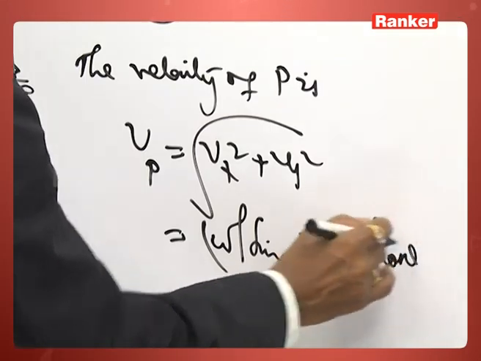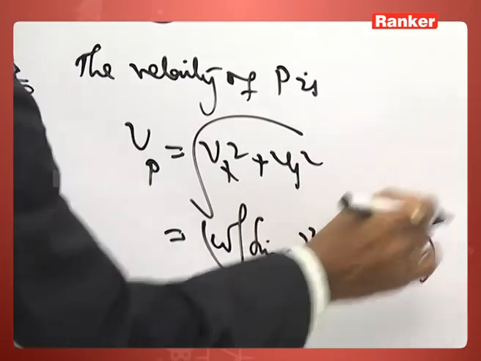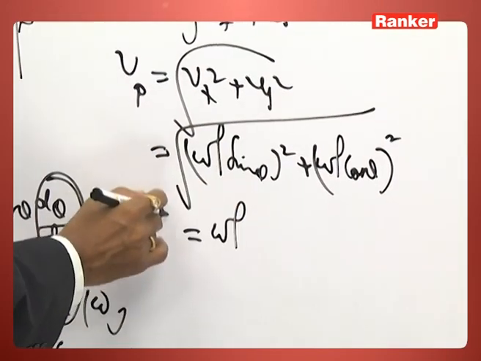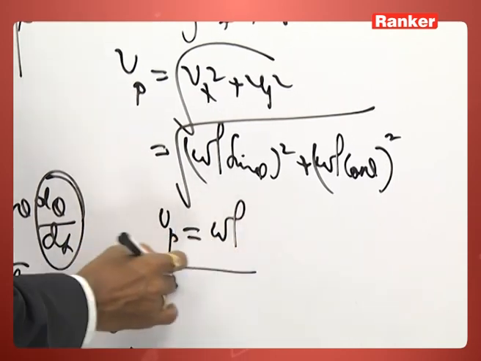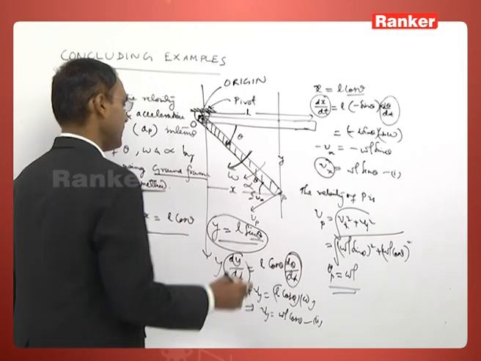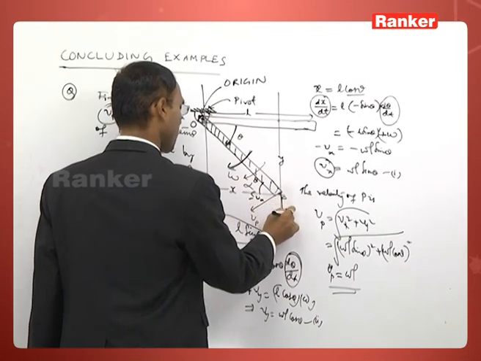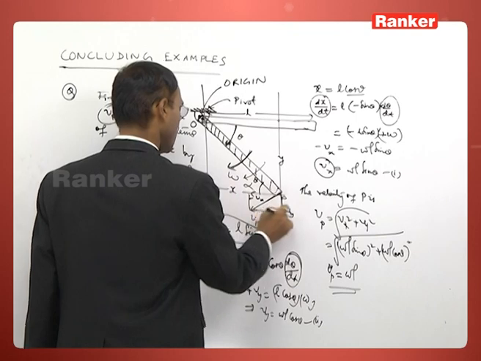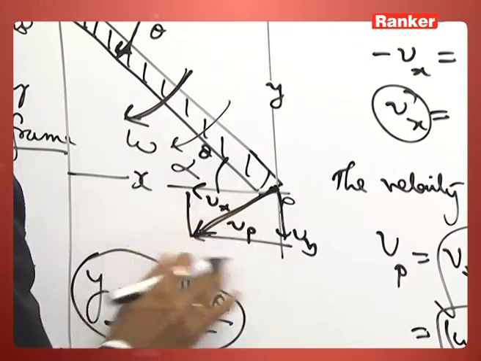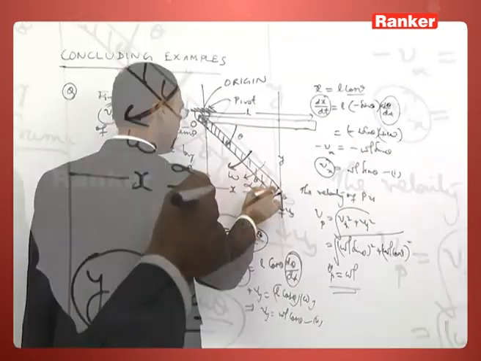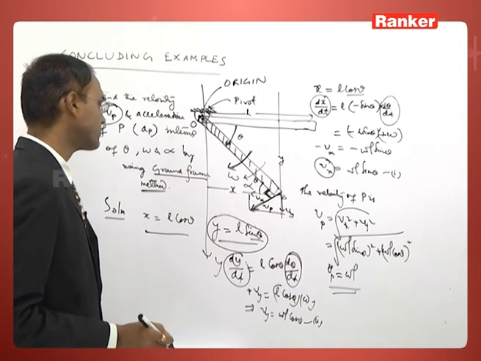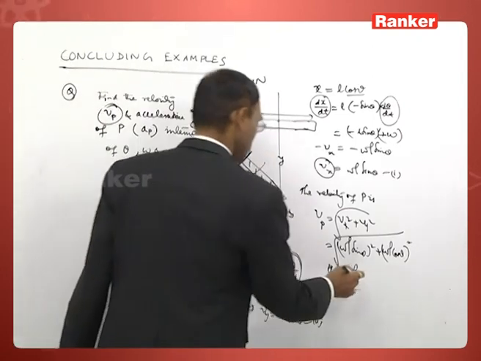Omega L cos theta, square of this. Take the square root of this too. You are getting Vp is equal to omega into L, and direction is Vx, this is Vy. You add, you are getting the square root of Vx square plus Vy square. This is the velocity of this point P, and this must be perpendicular to the rod. Answer.